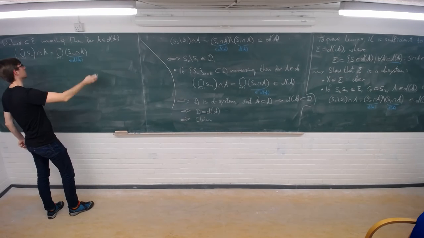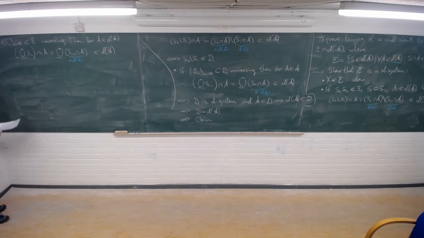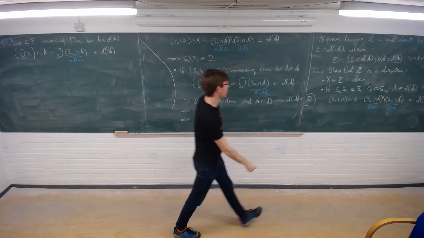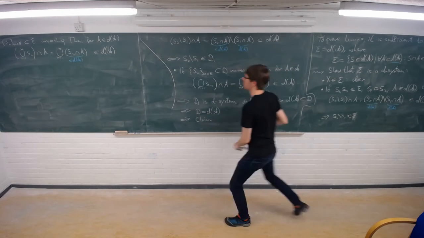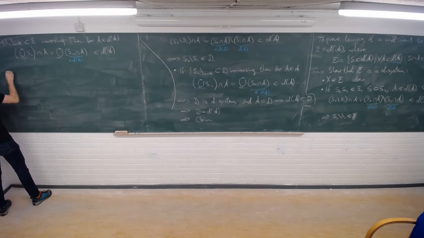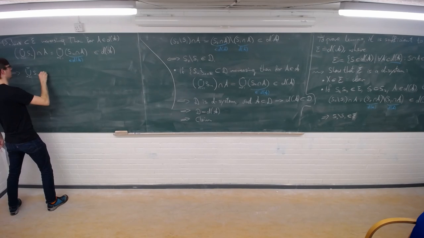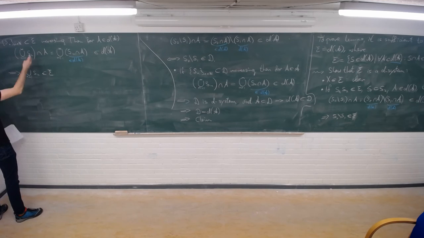So because D of A is a D system, this is an element of D of A, which is the same as to say, by the way, this here we can write S2 minus S1 is in E. Yeah, and then this is the same as to say union n equals 1 to infinity Sn is in E again. So now the three properties of D systems are satisfied for E.